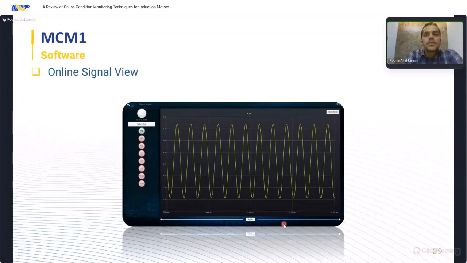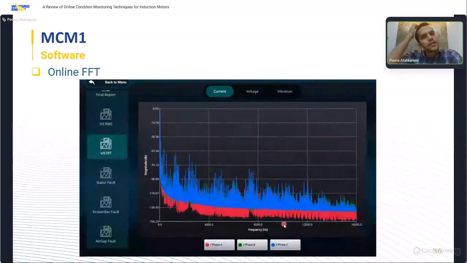We can also capture the data through the motor startup to measure some parameters like starting current amplitude or the starting time of the motor. And also you can see here the MCM1 allows us to analyze the signal in the frequency domain.